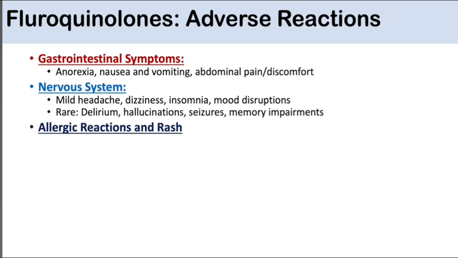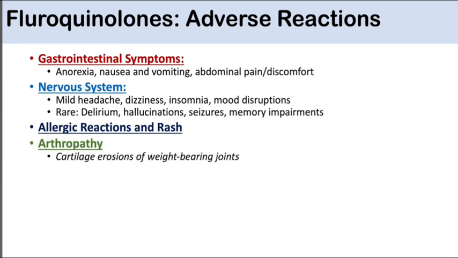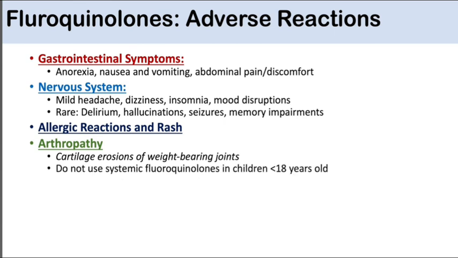There are also allergic reactions and rash to the fluoroquinolones. And one of the big ones for the fluoroquinolones specifically is arthropathy. So there can be cartilage erosions of weight-bearing joints. This is the reason why we don't want to use systemic fluoroquinolones in children less than the age of 18.